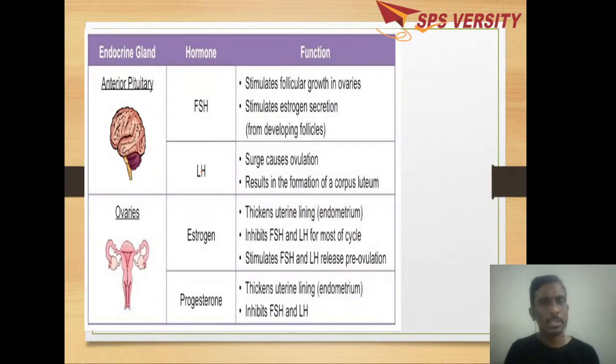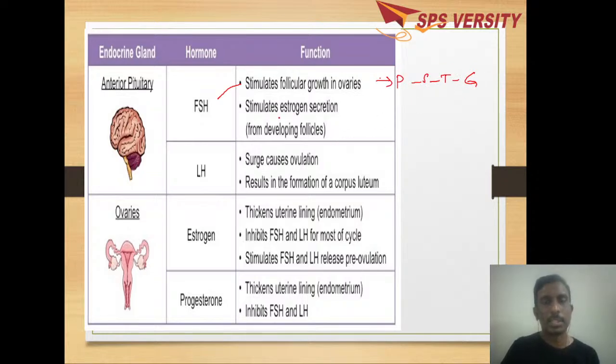So what will these hormones do? If you take FSH, it will stimulate follicular growth. That is, the development of follicle from primary to secondary to tertiary to Graafian follicle, that is the mature follicle.